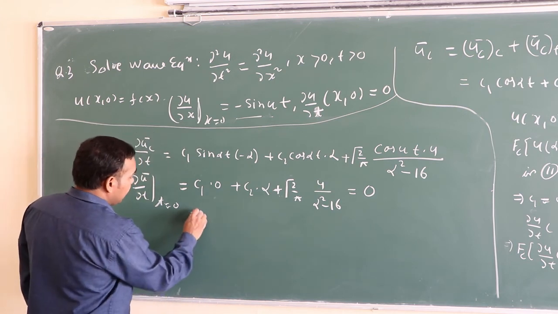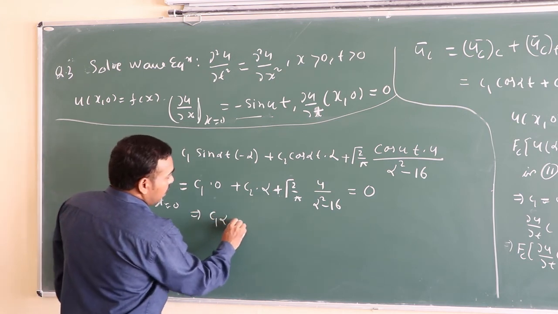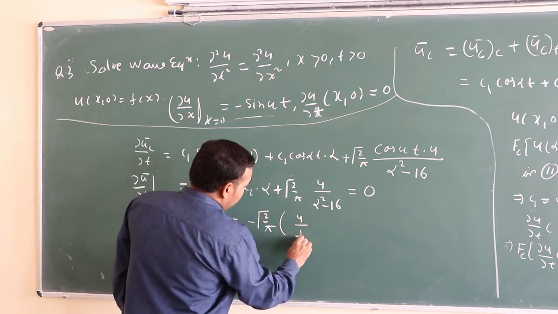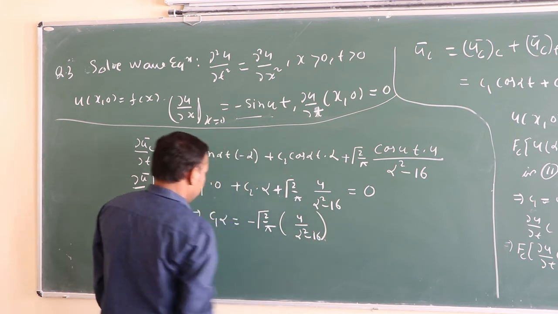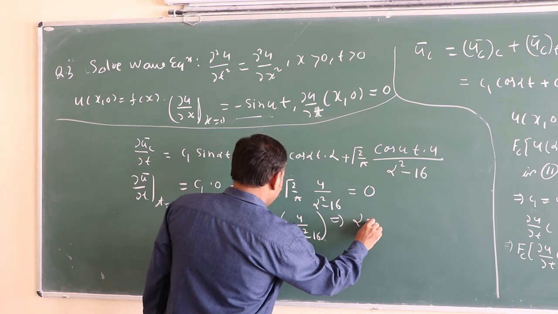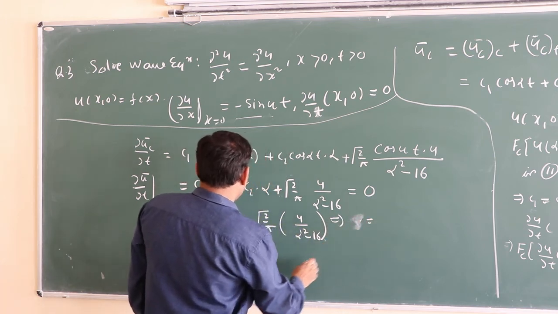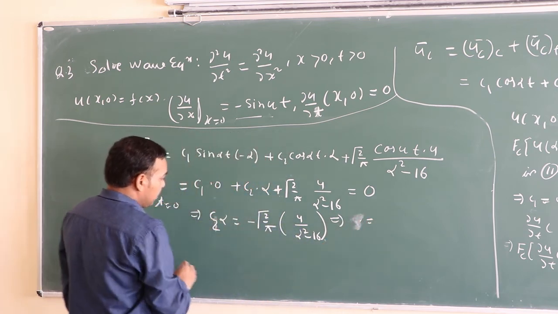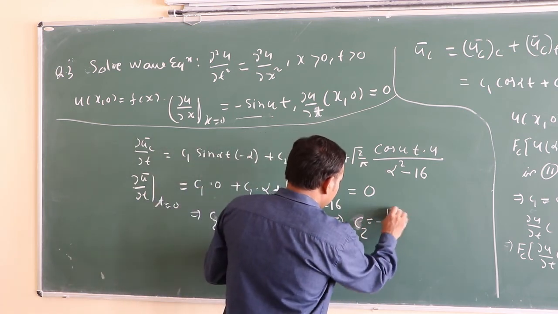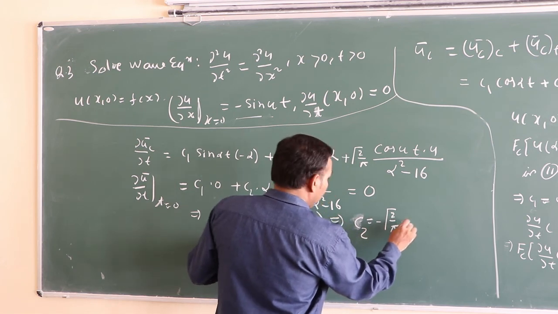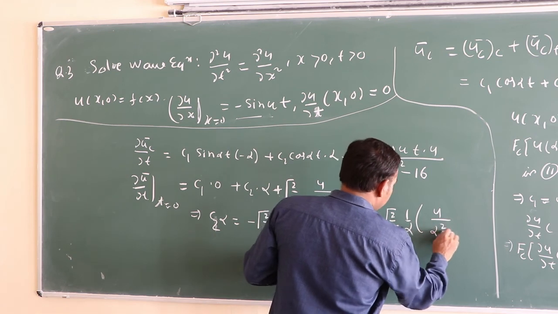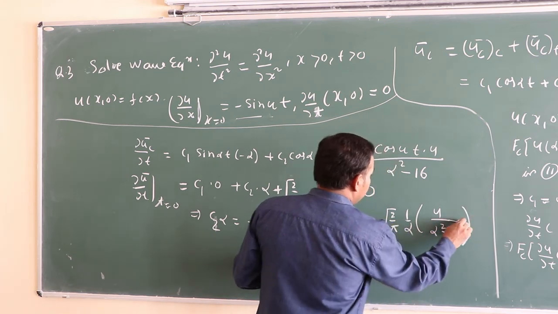So finally we get c2 alpha equal to minus under root 2 upon pi times 4 upon alpha square minus 16. Sorry, this is c2, so c2 equal to minus under root 2 upon pi times 1 upon alpha times 4 upon alpha square minus 16.